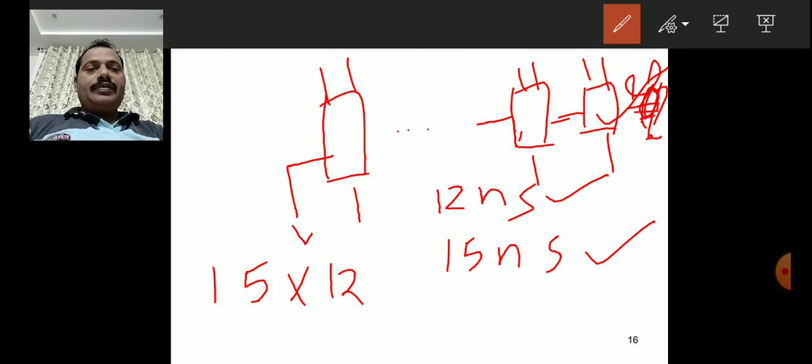So this is one, and next only sum propagation we have to add, that's all.